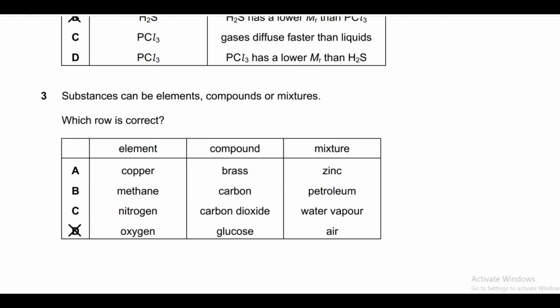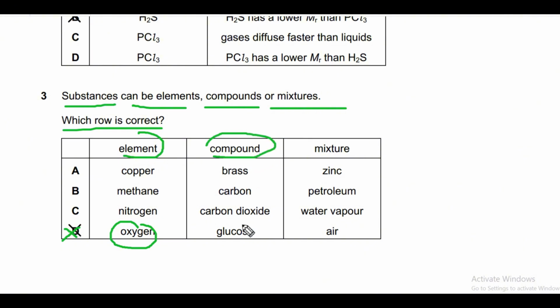Number 3. Substances can be elements, compound or mixture. Which row is correct? D is the right answer. Oxygen is an element. Glucose is a compound because glucose, C6H12O6, has carbon, hydrogen and oxygen elements chemically combined.